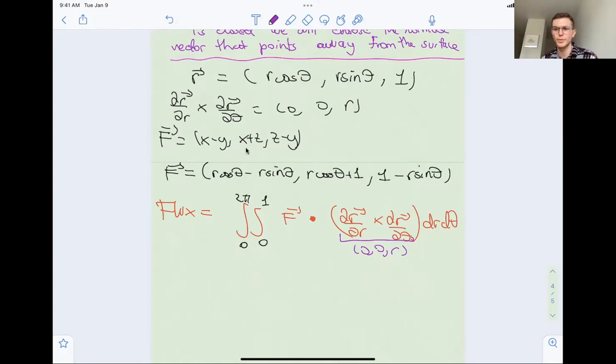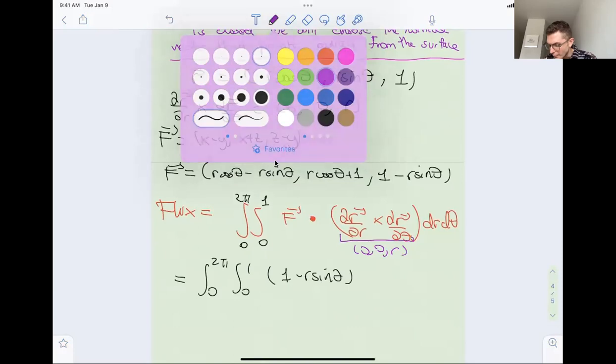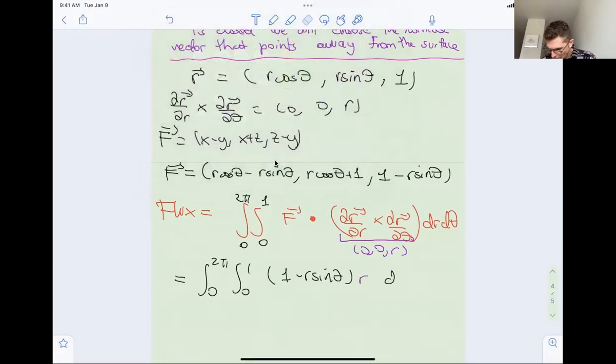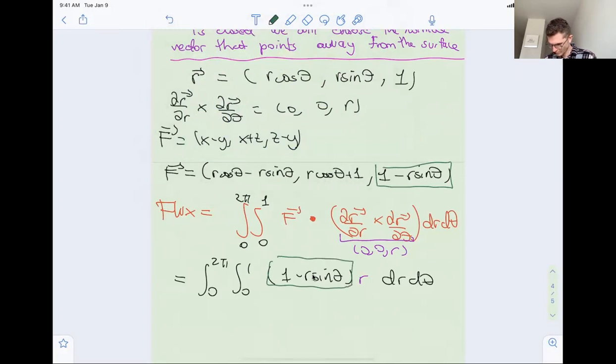Since only the third entry is non-zero, when you do the dot product, the only thing that survives is the third entries. So it would be 1 minus r sine of theta, which was the third entry of f, because the first two entries of the vector are 0. Is that making sense? Are there any questions about this?